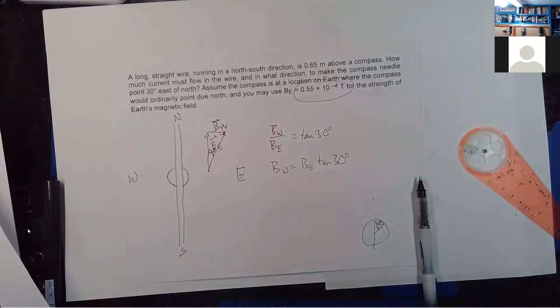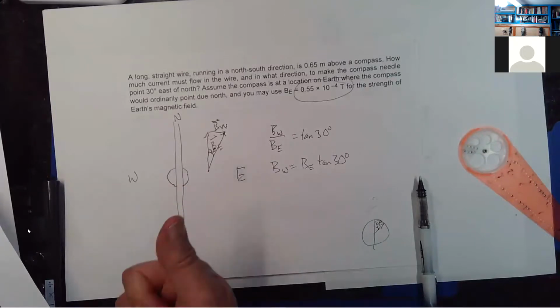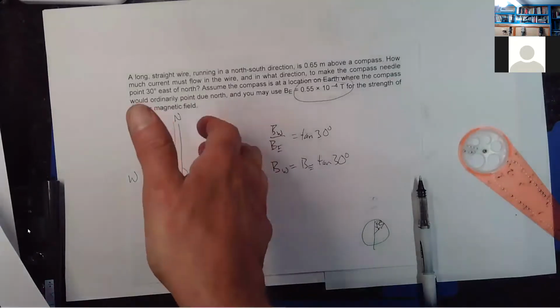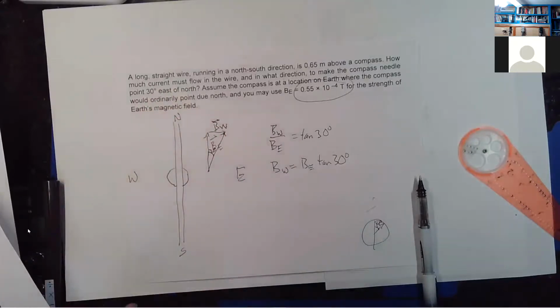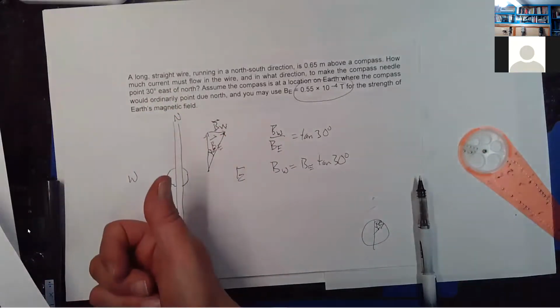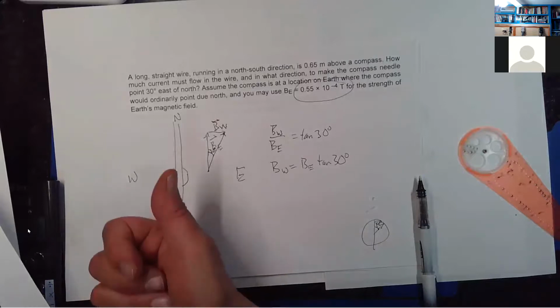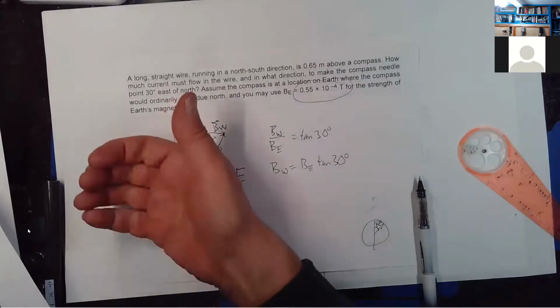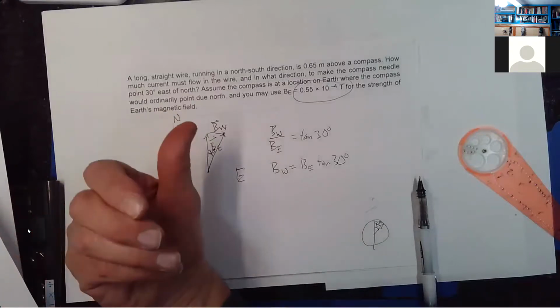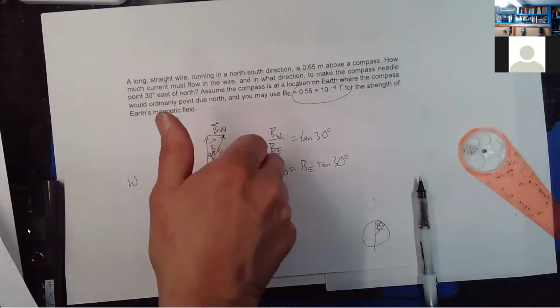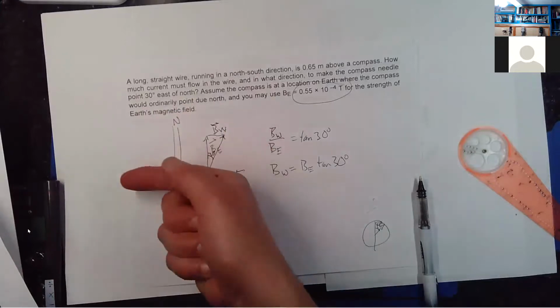When you've got current in a wire, if you point the thumb of your right hand in the direction of the current, your fingers will curl in the direction of the magnetic field produced by it. So if the current was going north, then on top of the wire the magnetic field would point to the east, but underneath the wire, it would point to the west.